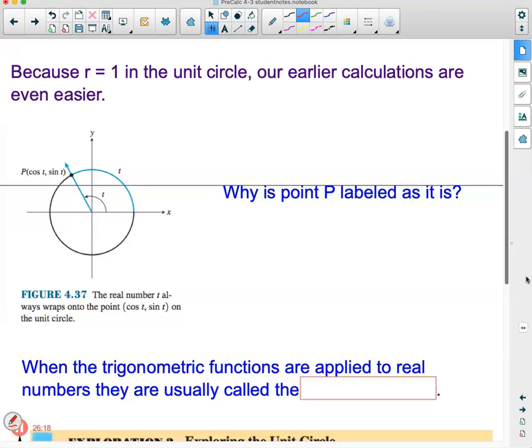Well, let's see. Cosine of theta is x over r. Sine of theta is y over r. They made a really big deal about how our choice of r being 1 is a really good idea. Well, if r is 1, then this would be a 1.